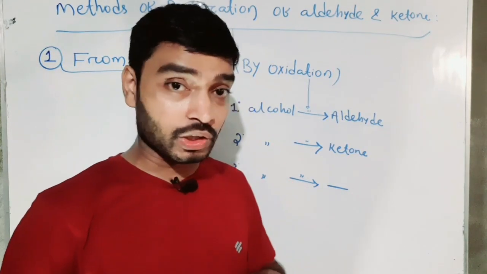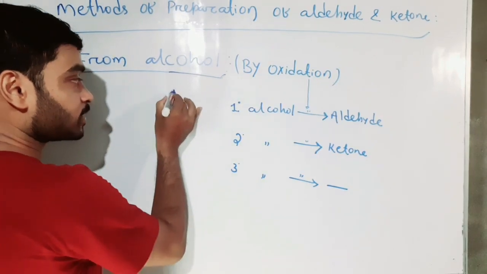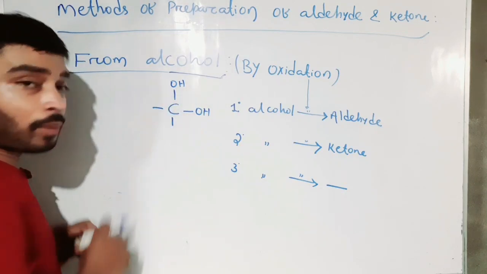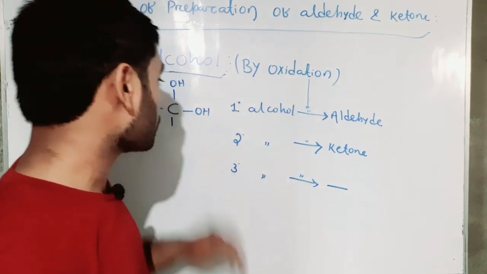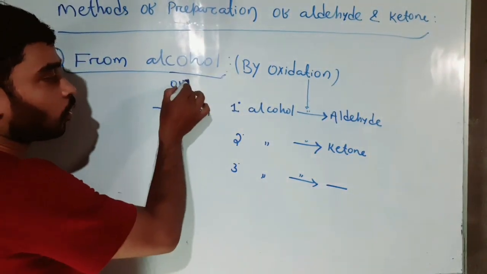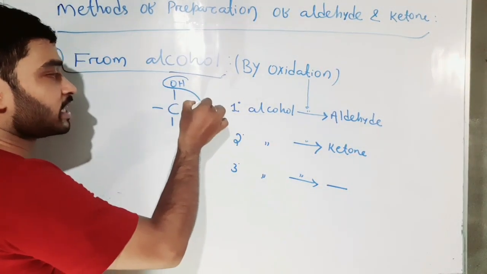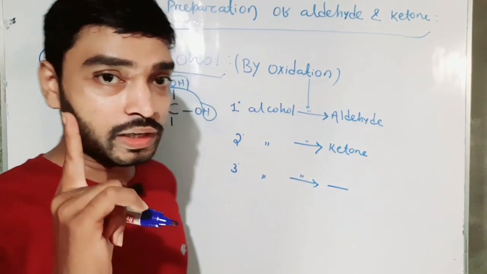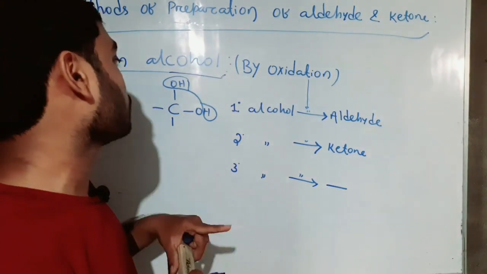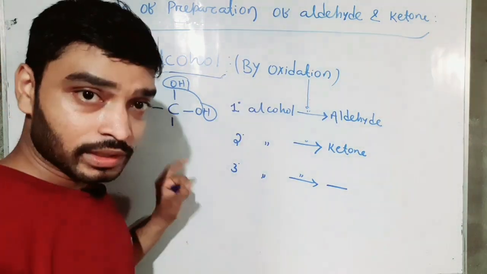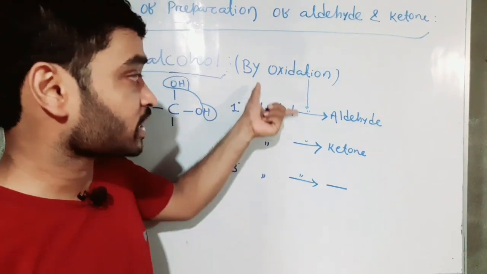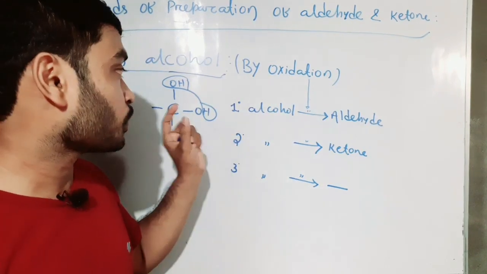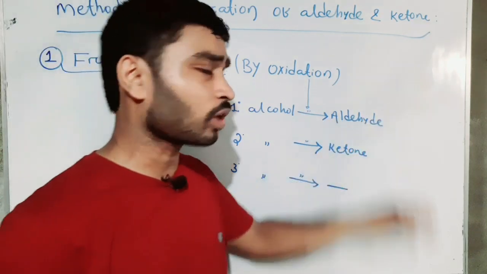If a carbon atom is bonded to more than one hydroxyl group, then the compound becomes unstable, and for stability one water molecule gets removed, resulting in a stable compound. Whether it is a primary or secondary alcohol, dehydration occurs to produce these compounds.